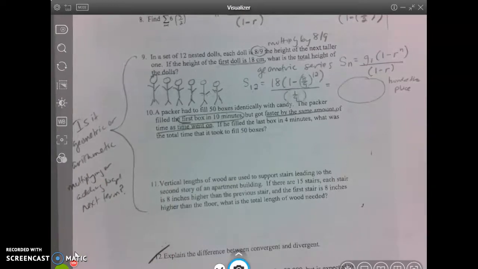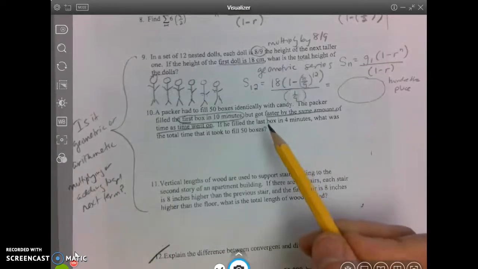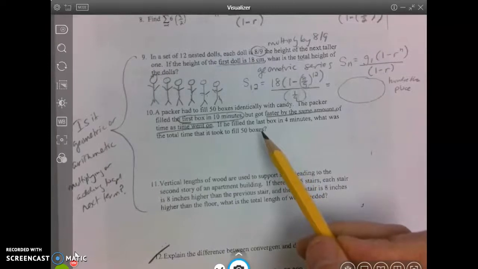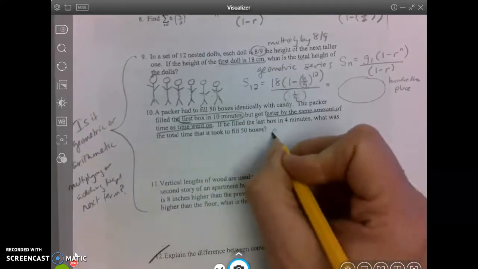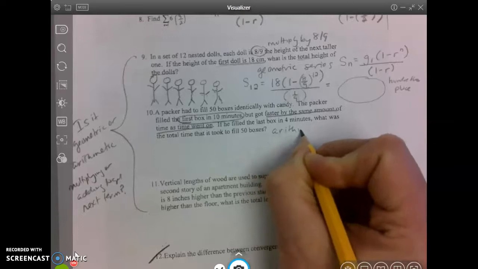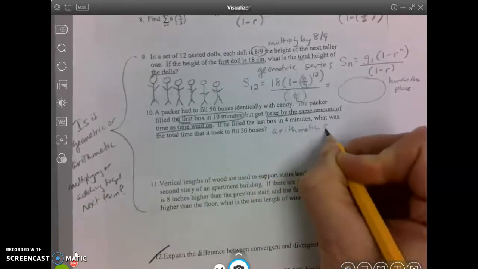Okay, so are we multiplying or are we adding? If you're getting faster by the same amount of time, meaning every time you get a minute faster, so minus a minute, minus a minute, minus a minute, that would be arithmetic. So this is going to be an arithmetic series.